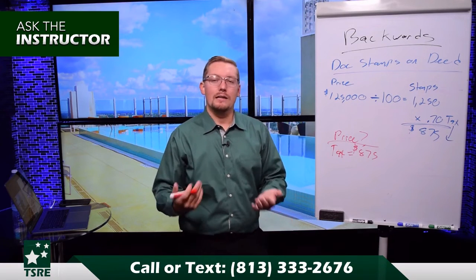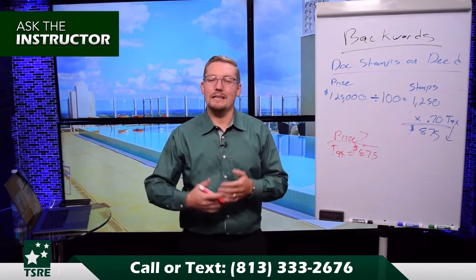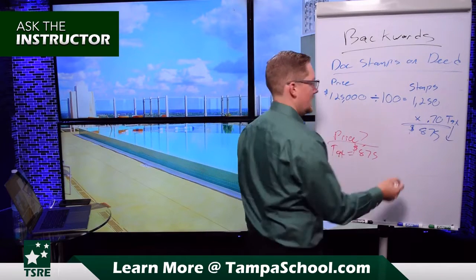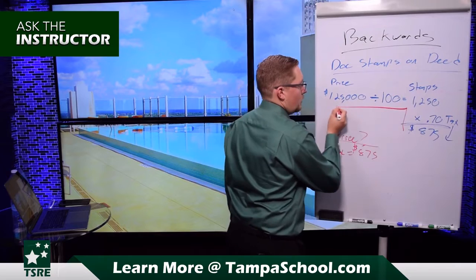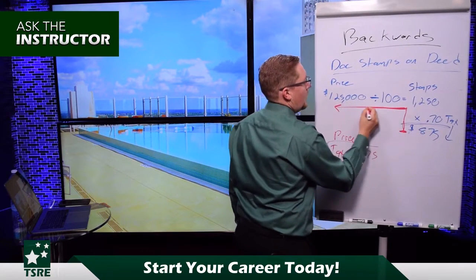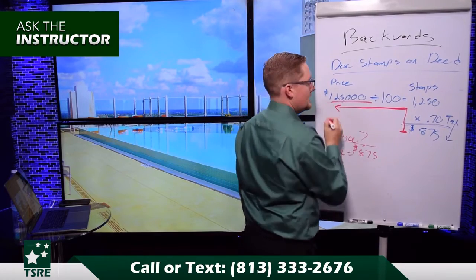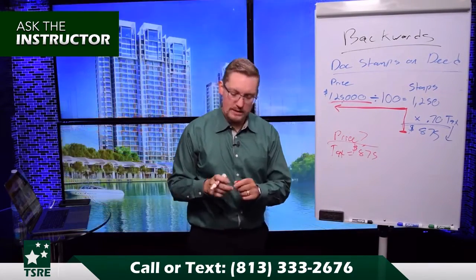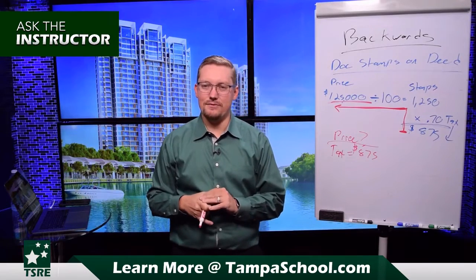But a quicker, less stressful, less frustrating, less work way of doing that is this whole flip it and reverse it concept again. So remember that we have to go in reverse. This is where we are, and we want to get to this price. So how do we find the $125,000 when it tells us the tax is $875?